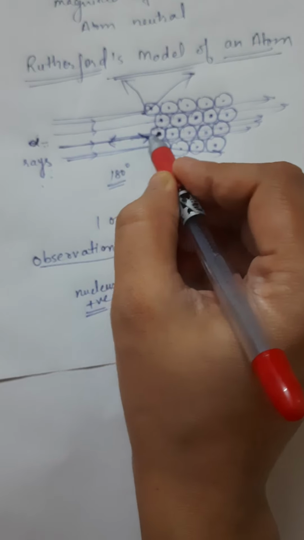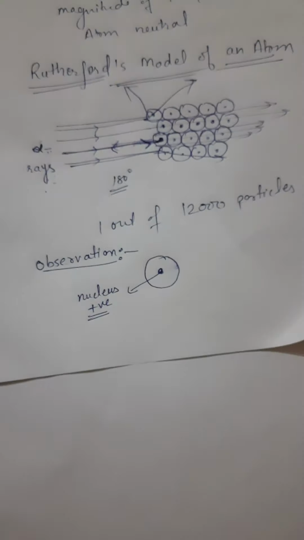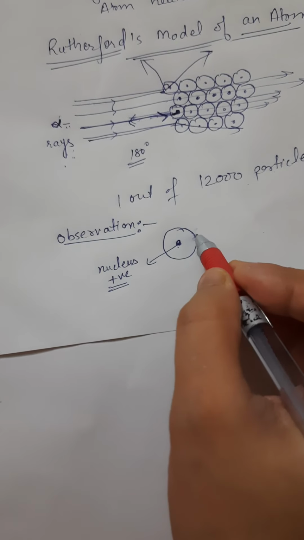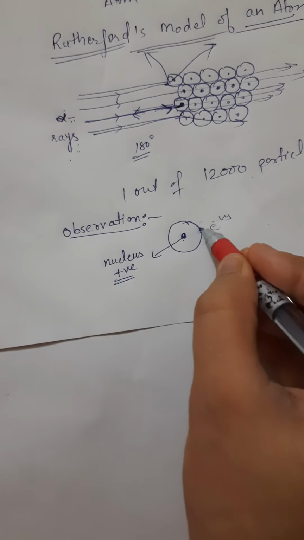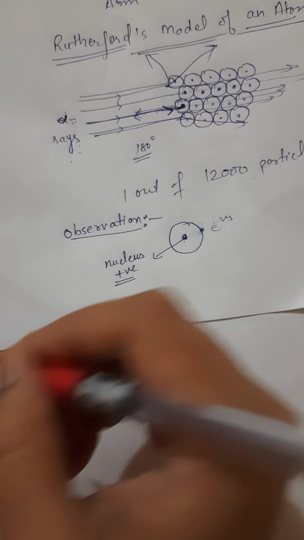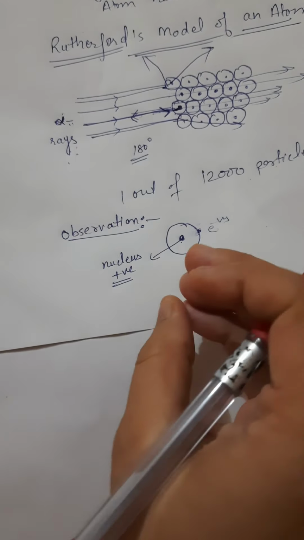Clear? It shows that there is a nucleus in the center of atom, and electrons are revolving around the nucleus. The magnitude of positive and negative charge is equal. That is why atom is neutral. This was the observation of the Rutherford model.